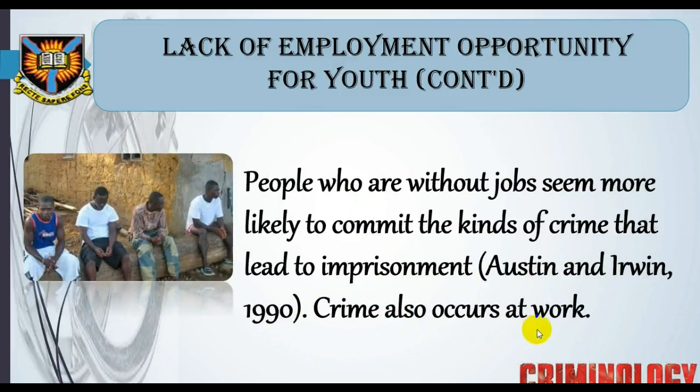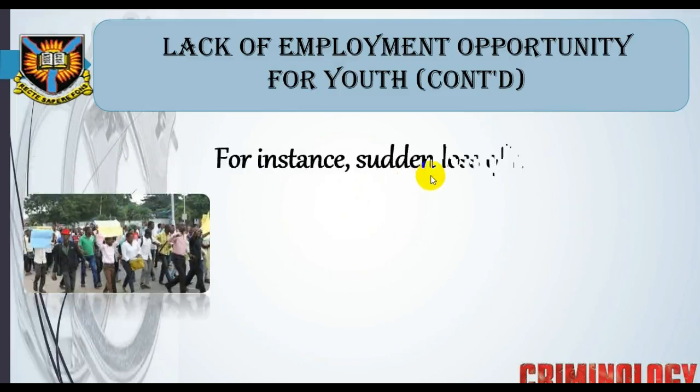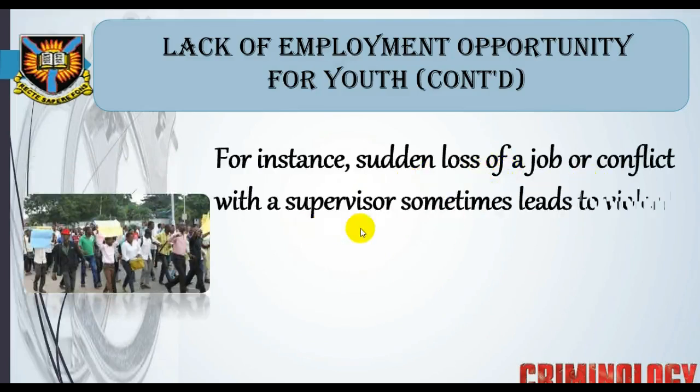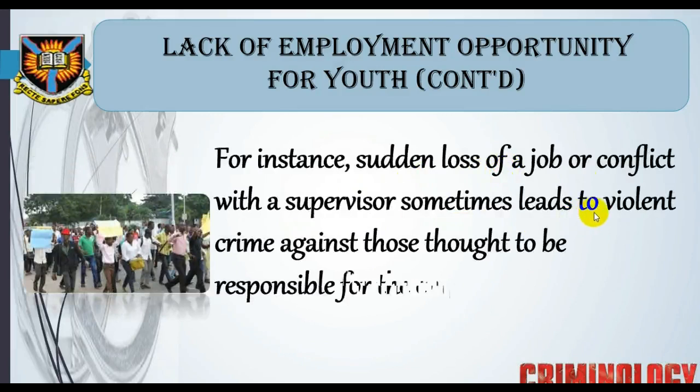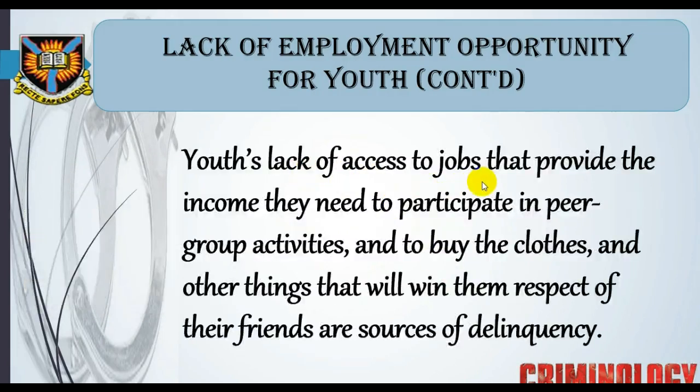Crime also occurs at work. For instance, sudden loss of a job or conflict with a supervisor sometimes leads to violent crime against those thought to be responsible for the employee's problem. Youths' lack of access to jobs that provide the income they need to participate in peer group activities and to buy clothes and other things that will win them respect from their friends are sources of delinquency.